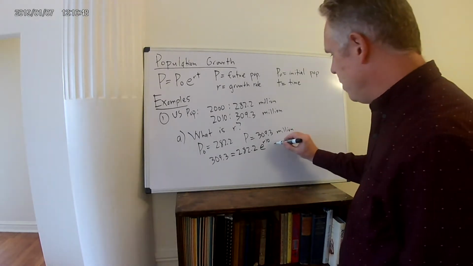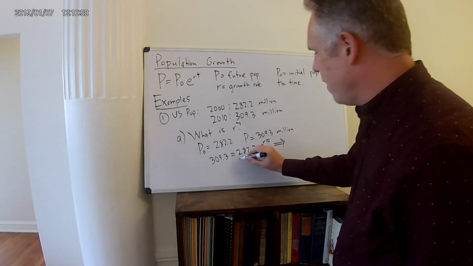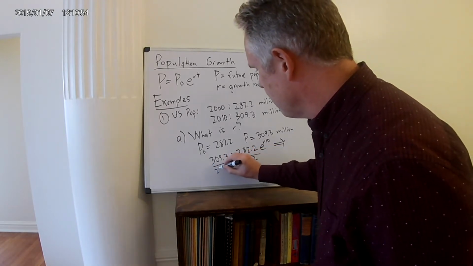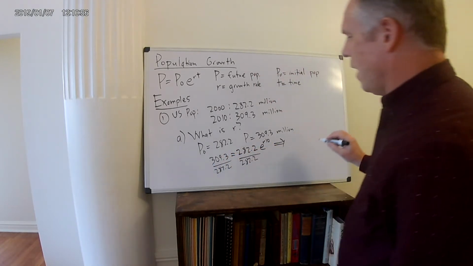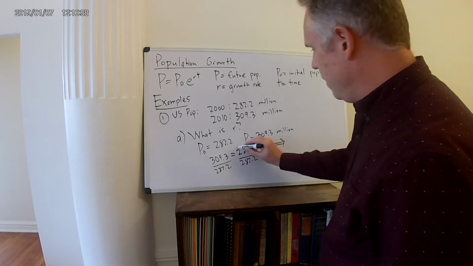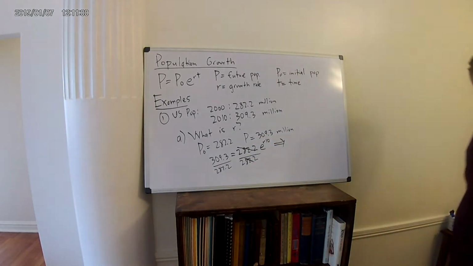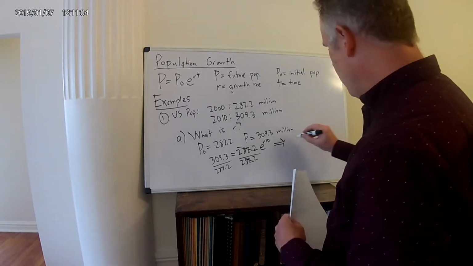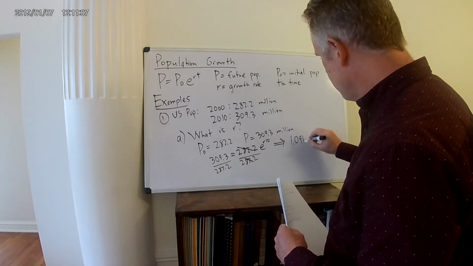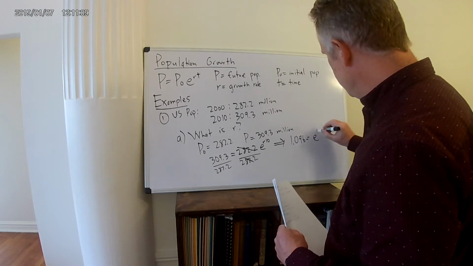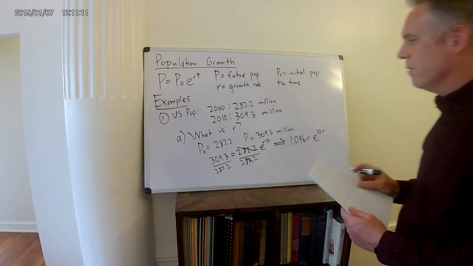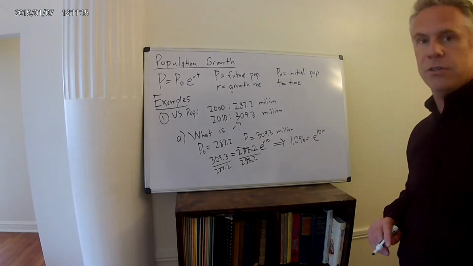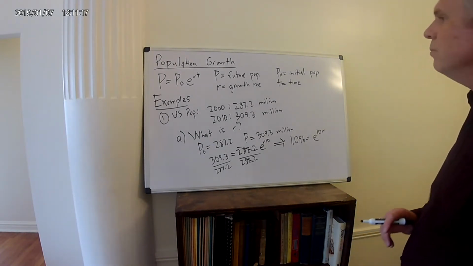The first step is, as you should know by now, you divide both sides by 282.2. These cancel out, and 309 divided by 282 is actually 1.096, which equals e to the 10r.